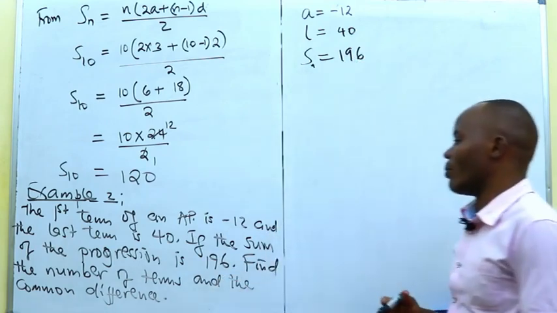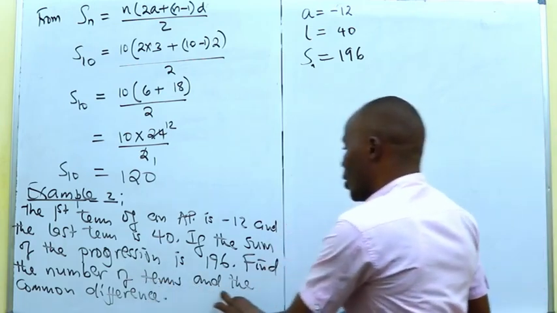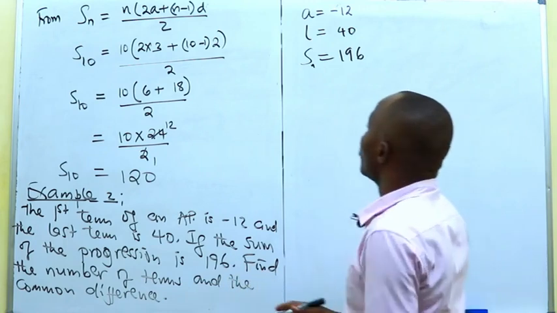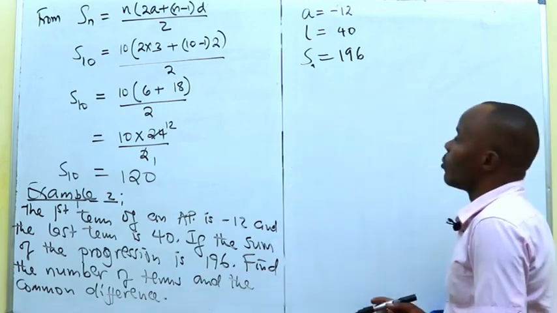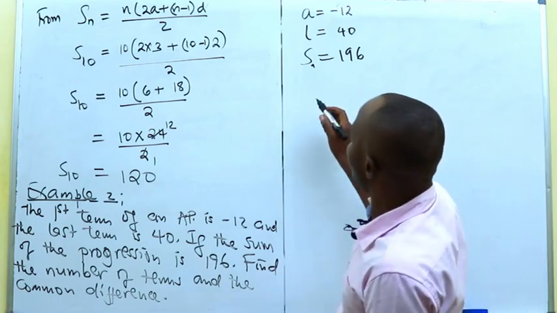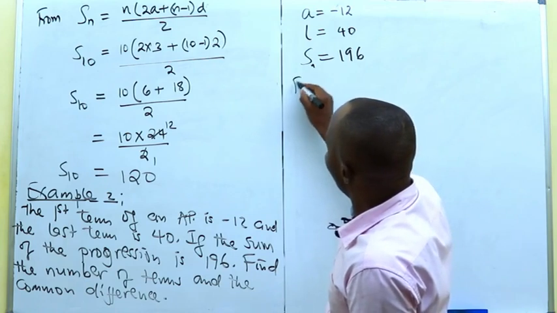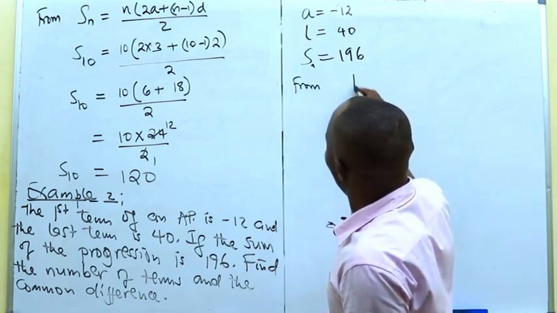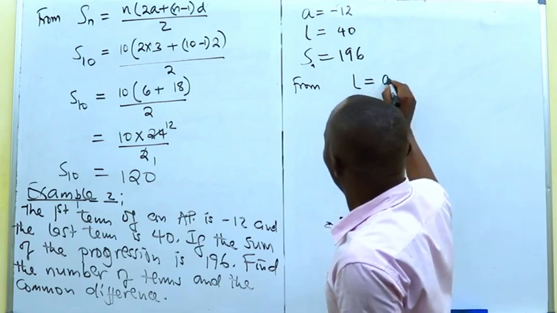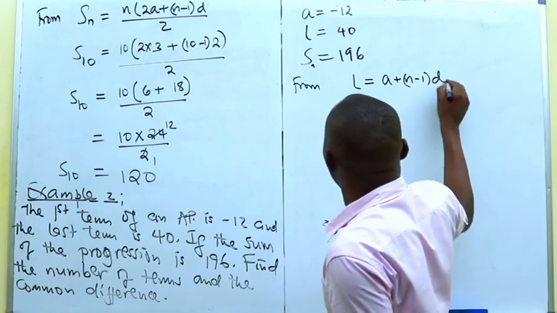Find the number of terms and the common difference. Now, from L, which is given by A plus n minus 1 into D.